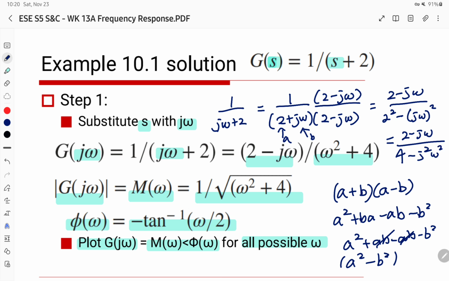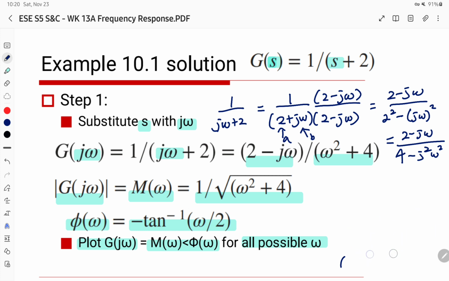And then remember, j squared is minus 1, or the square root of minus 1 is j. So you end up having 4 minus minus 1 omega squared, which is 4 plus omega squared.